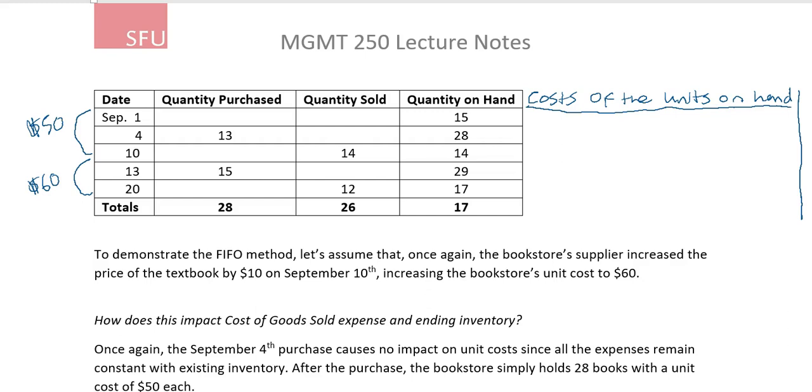So the way I do it is I make sure that my oldest units are written on the left side. I'm going to start with the first line here, beginning inventory, 15 at $50. So I know that the first block here is the oldest inventory I have.